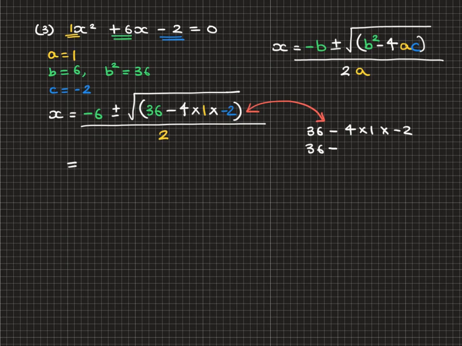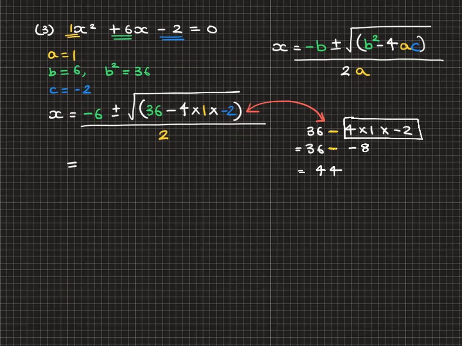If I work out this part here first of all, that's 4 multiplied by 1, which is 4, multiplied by -2, which is -8. But don't forget that there's a negative here as well. 36 take away -8, which of course gives you, under the square root sign, a value of 44.